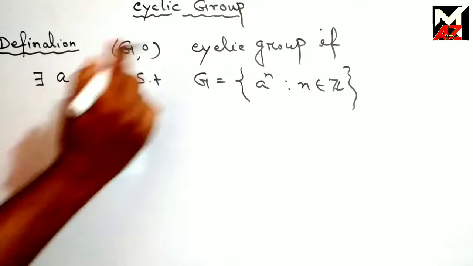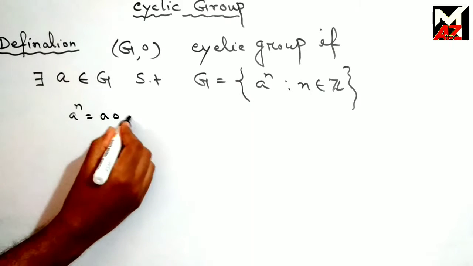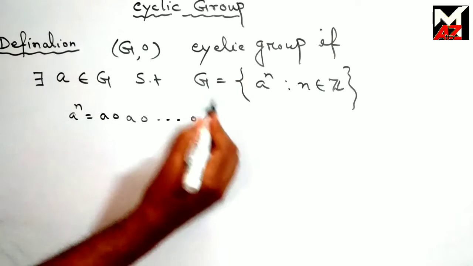And here we mean a to the power n is equal to a circle a, n times.